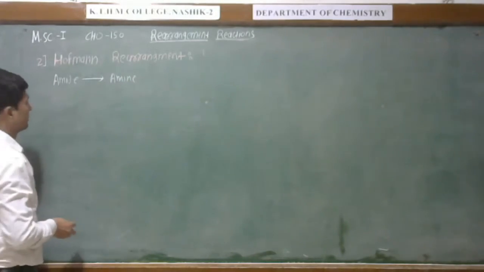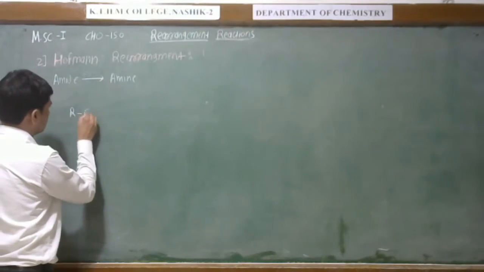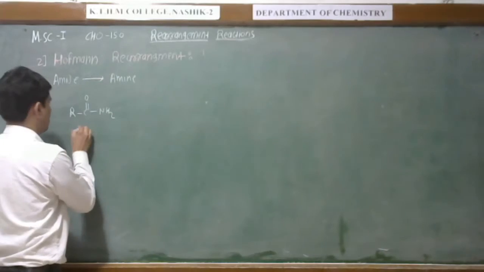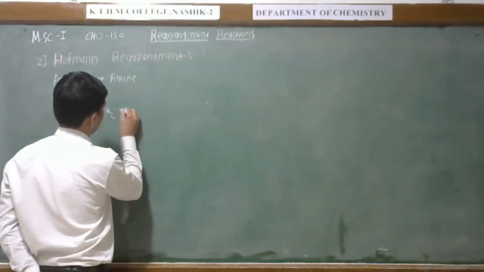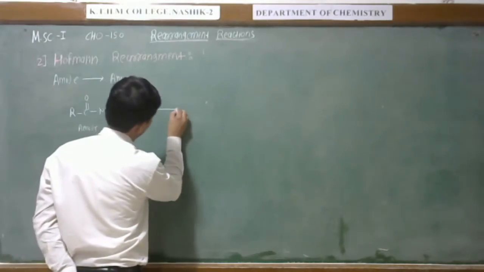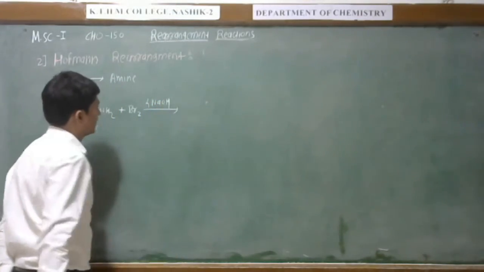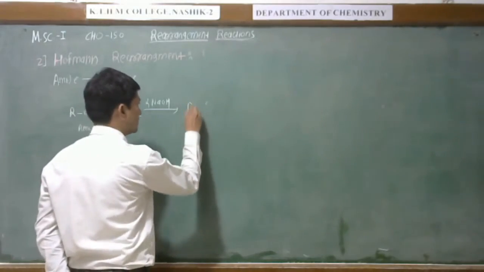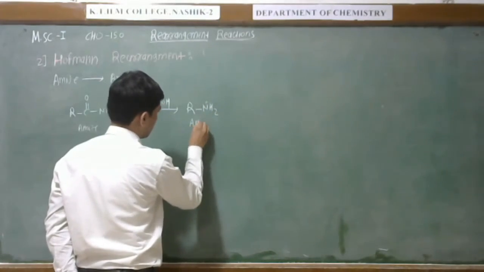I write here the structure. This is R C double bond O NH2. When this amide reacts with bromine in the presence of a strong base, then it will give us the amine RNH2, the primary amine.